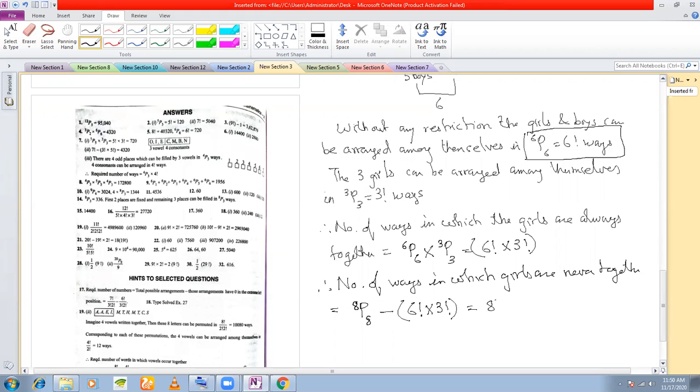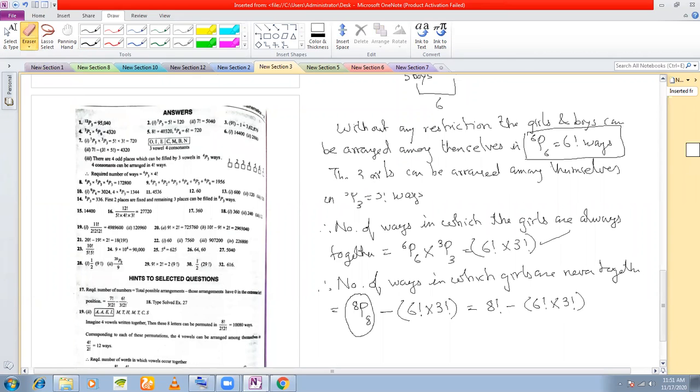So this is factorial 8 minus factorial 6 into factorial 3. There is a difference when I say no two girls are together and when I say none of the girls are together. That is the difference you must realize.